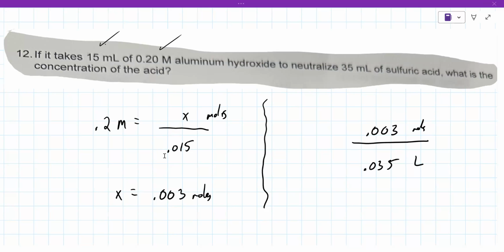Okay, same number of moles, 0.003 moles. So I'm not sure. The answer in the book at the bottom there says 0.129, which is nearby, but I'd like to know why it's different. So maybe you can ask about that one.